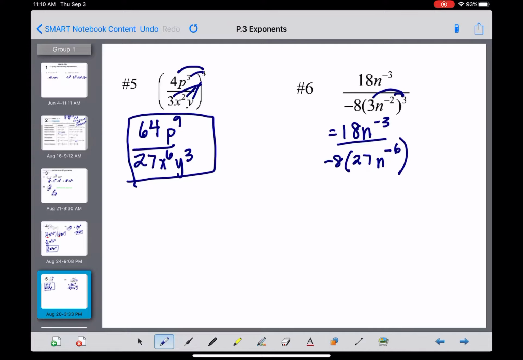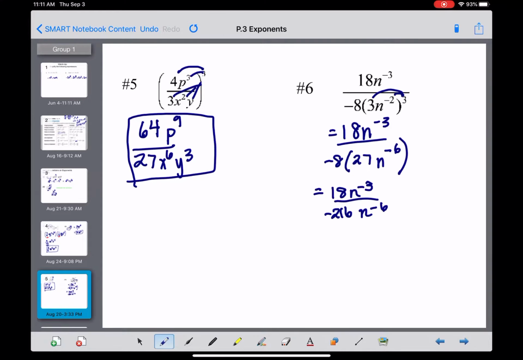Okay, so now I'm going to simplify. So we have 18, and there's many different ways you can do this. But we'll multiply the -8 times the 27 here, and then n to the -6th. At this point, you can switch the negative exponents and make them positive by flipping them to the numerator and the denominator, and vice versa.